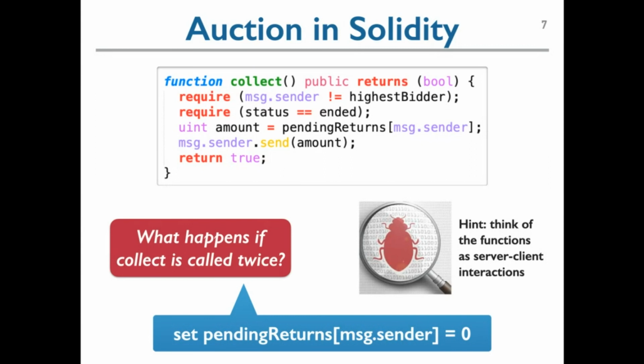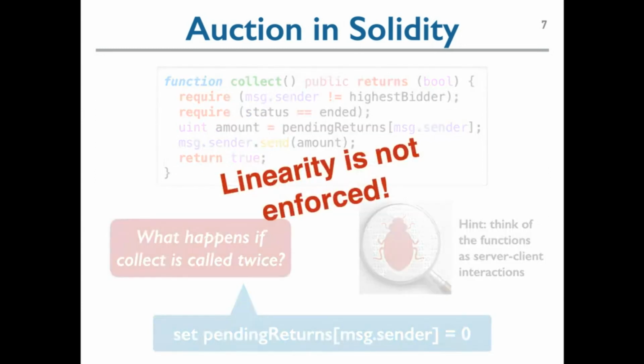And so the high-level problem here is that assets like the Mona Lisa painting or money are linear, but there is no support from the programming language itself to enforce this linearity constraint. It's up to the programmer to carefully program these contracts and ensure that money is neither duplicated or discarded in these transactions. But the language itself does not give any support.